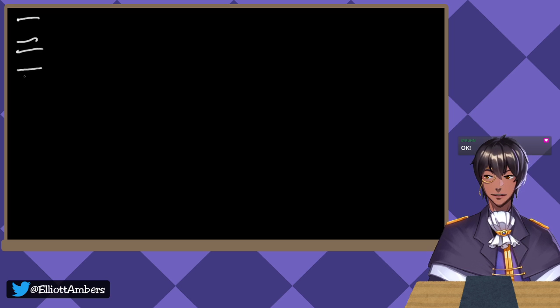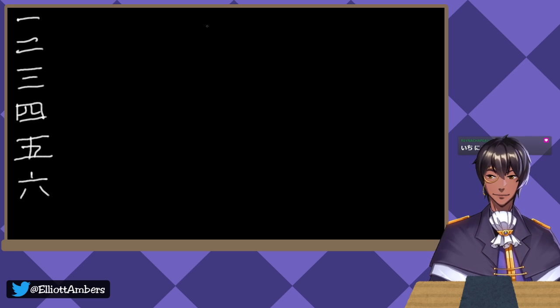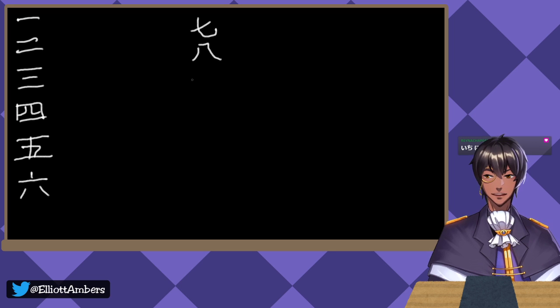People will probably know what I'm writing out here. Let's write these all out. Doing this has actually helped me memorize how to write everything, because you'd think at this point I'd know how to write all the numbers, but sometimes you just forget.